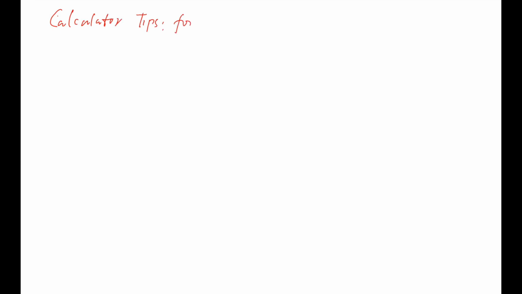For X binomial distribution, B, N, P. So here to find the probability, this is 1, to find the probability X equals x. What we do is we are going to use this calculator.